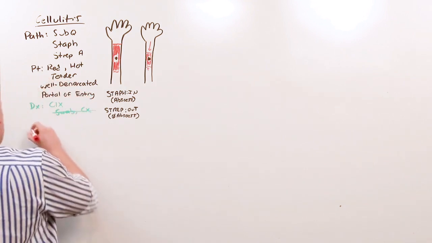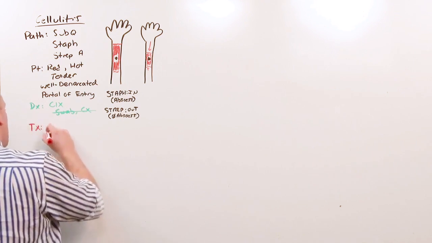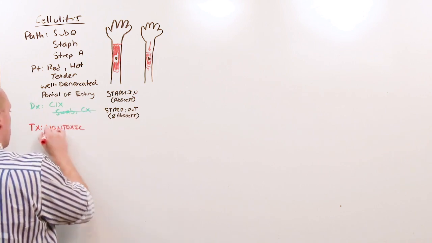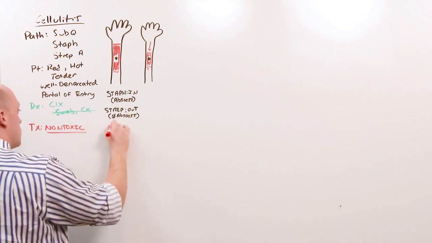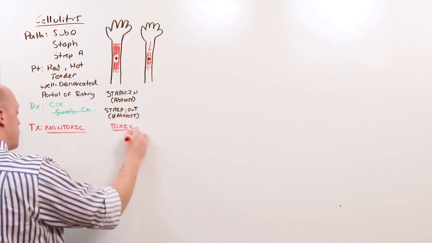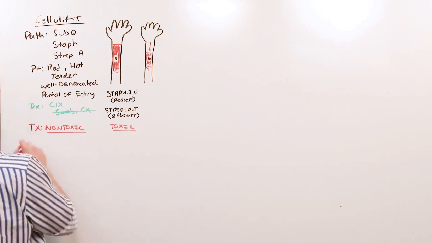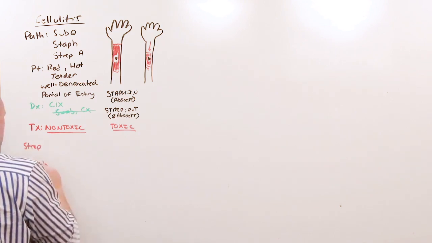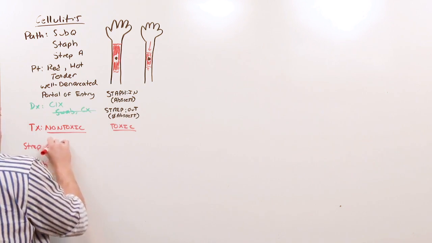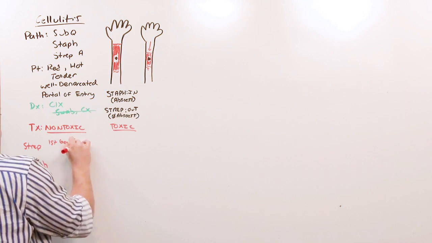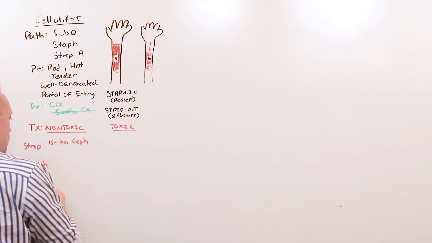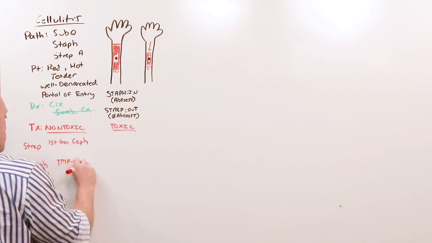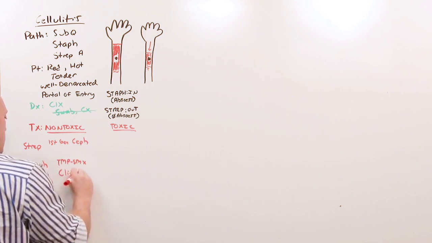The treatment for cellulitis has a lot of options. And you first want to break it down into whether the person is toxic or non-toxic. Non-toxic means no sepsis. Toxic means sepsis. And you've got to choose between strep and staph. Strep is generally covered by first-generation cephalosporin, like cephalexin, and Staph aureus can be covered orally with trimethoprim sulfa, Bactrim, or clindamycin.